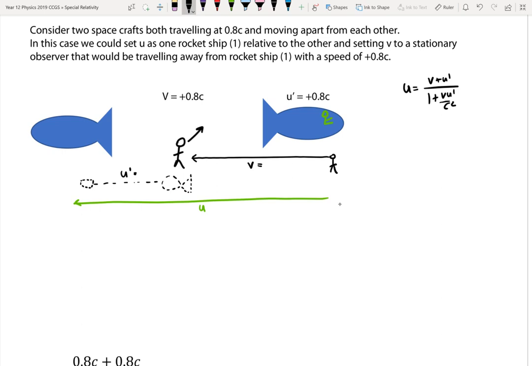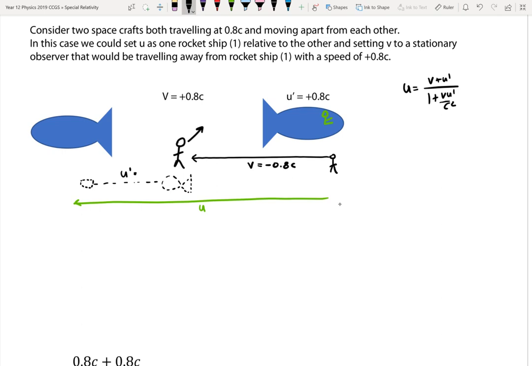But what I've done is a bit of a transform. I've said, let's now transform to be in the frame of reference of the bloke in the right spaceship. In which case, he sees this imaginary spaceship, the stick figure, travelling that way at negative 0.8c. So now our v becomes negative 0.8c.